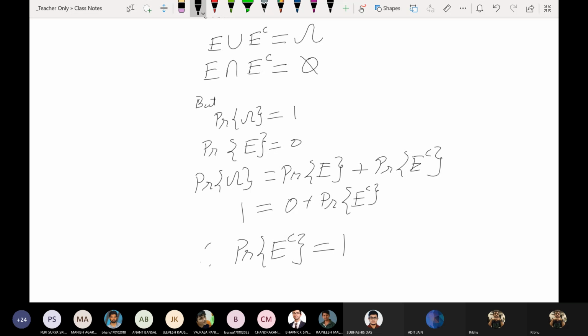So the key takeaway is that countable unions of individual events have 0 probability.